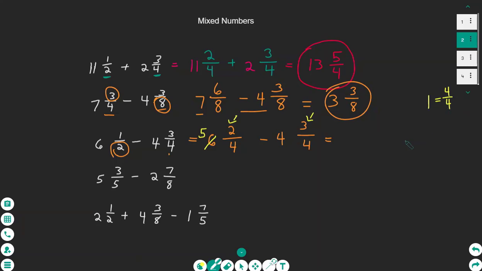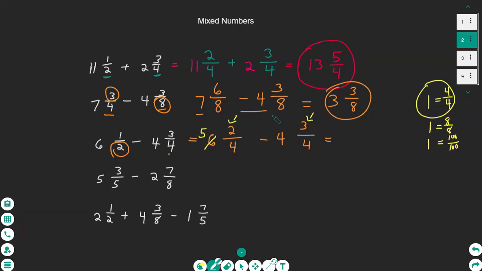So 4/4 and 1 are equivalent. And that's true for any fraction where the numerator and the denominator are the same. So 8/8 is also equal to 1. 100/100ths is also equal to 1, right? But this is the one that we're going to use because we like this denominator, the 4. That's what we're using as a common denominator over here.